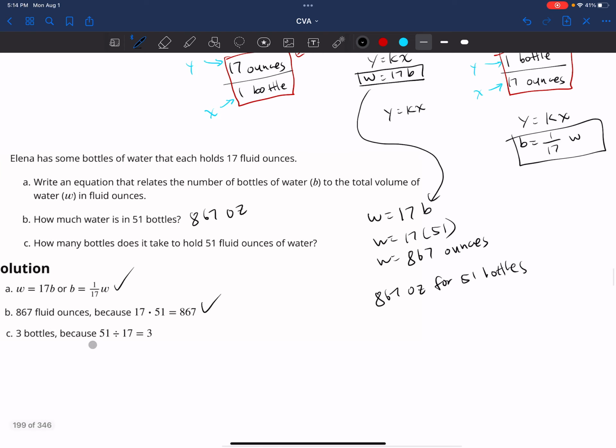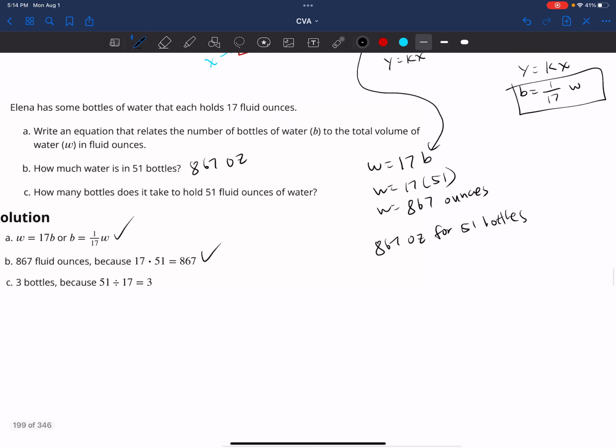All right. How many bottles does it take to hold 51 fluid ounces of water? So let's take a look. This represents ounces, and we want to figure out how many bottles. So B is equal to 1 over 17, times 51 fluid ounces of water.